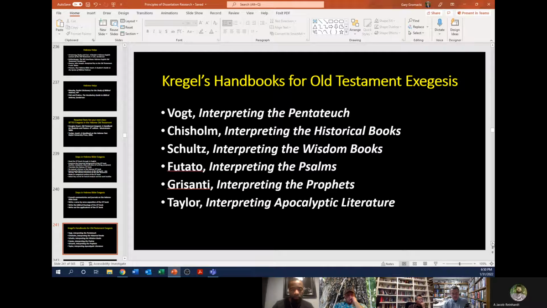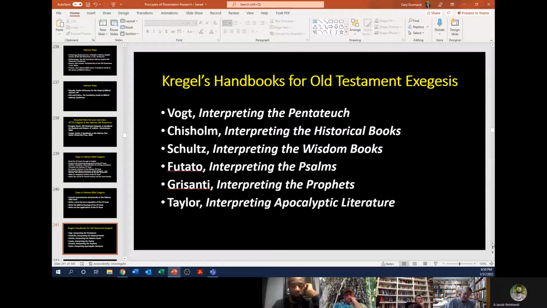Getting beneath the surface, narrative and poetry as literature. The exegetical method outlined and illustrated, making it contemporary, crossing the bridge from exegesis to exposition. So again, this book will help you learn how to use your biblical Hebrew Bible.